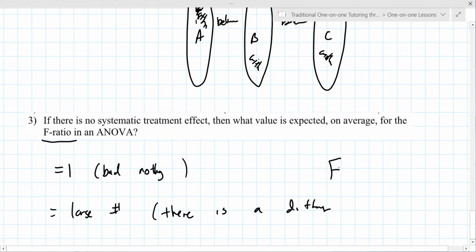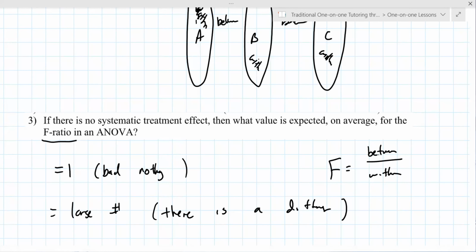So F is the between over the within. It equals 1 when there's not much difference between the groups as within the groups. And that's not what you want, but that could happen.